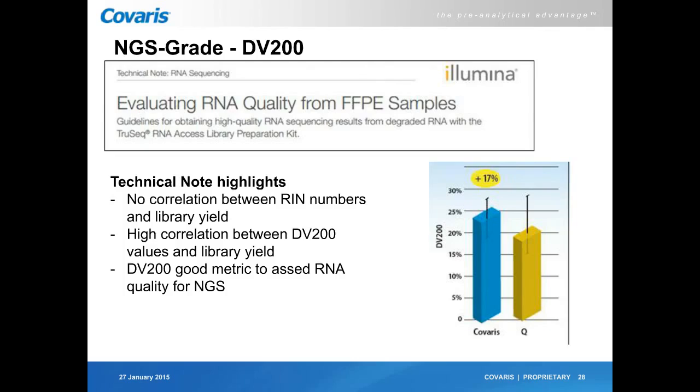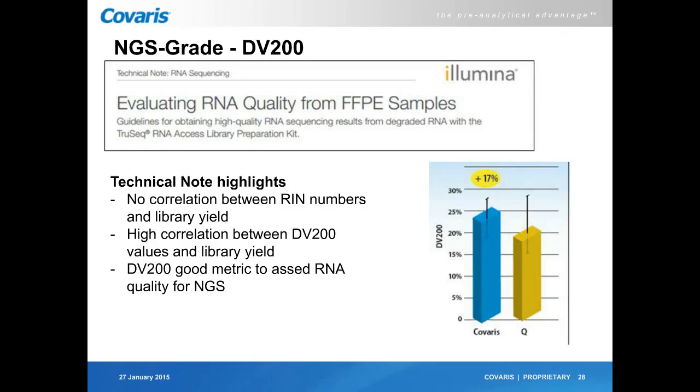But there is a very high correlation between DV200 values and the library yield. Their conclusion was that DV200 is a very good metric to assess RNA quality for NGS library construction. And with Covaris, in the example of lung tissue, we are getting almost 20% improvement in the DV200 value compared to other standard methods.